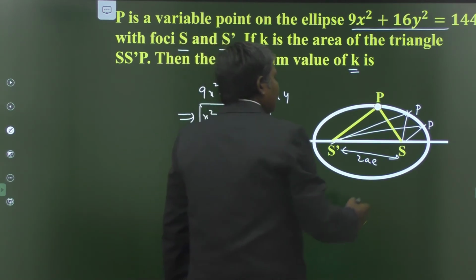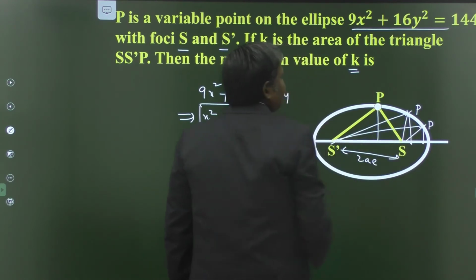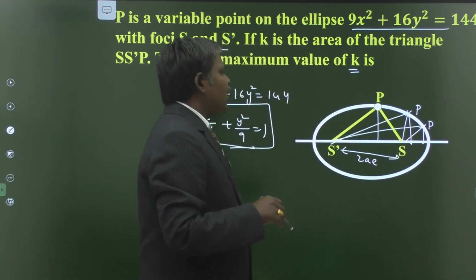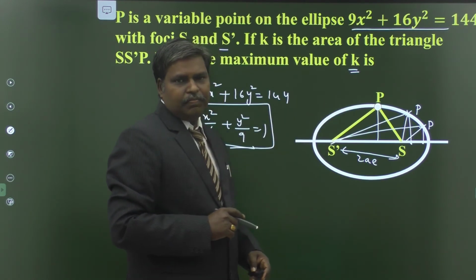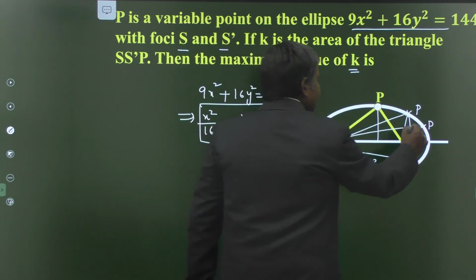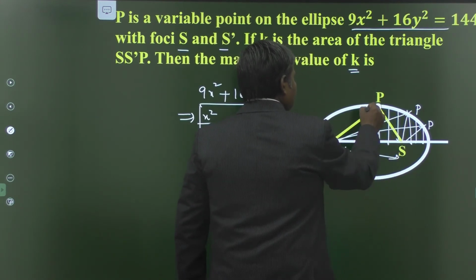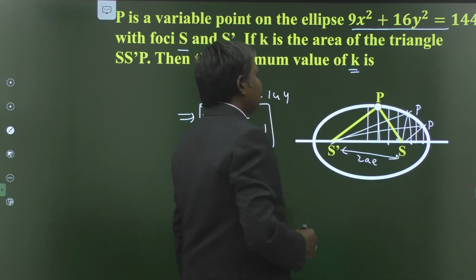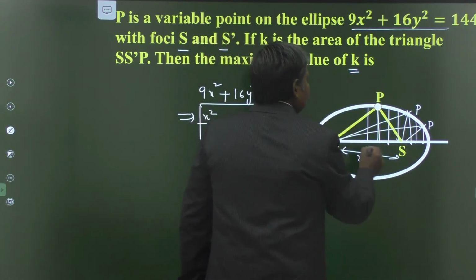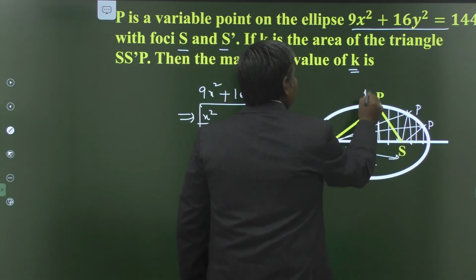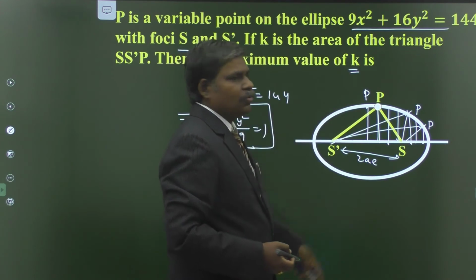So for different triangles, you have different heights. These are all heights. So the maximum area depends upon what? The height of the triangle. For all these heights, which one is more? This is the highest among these heights, because when your point P is at the end of the minor axis, your height is more.